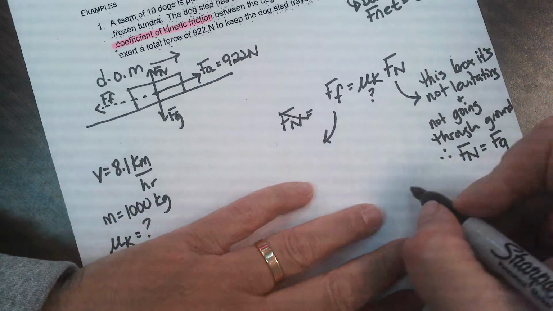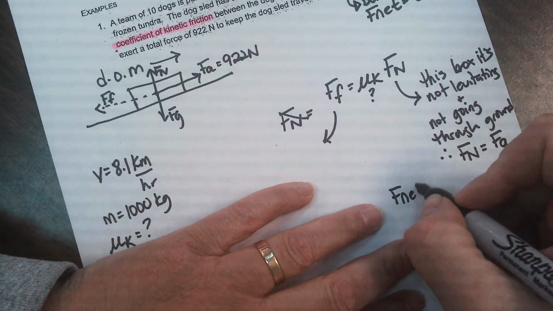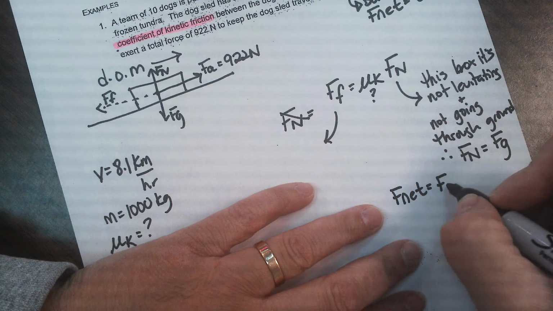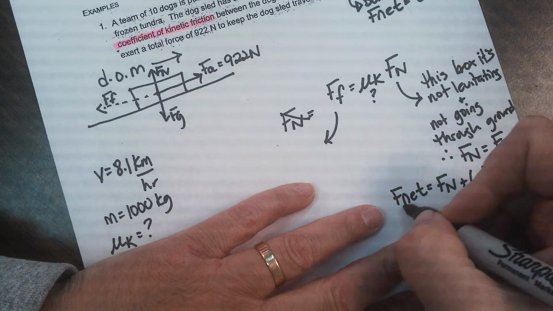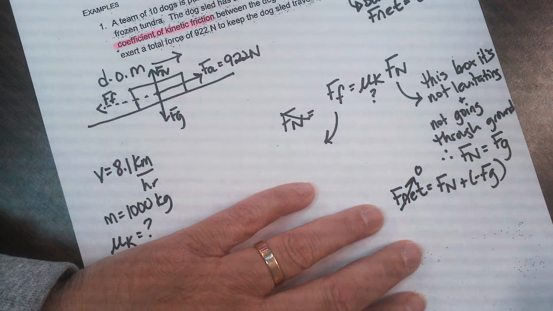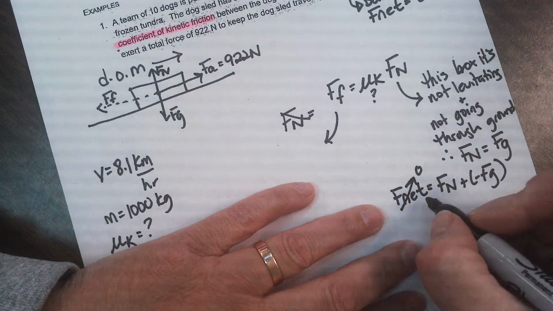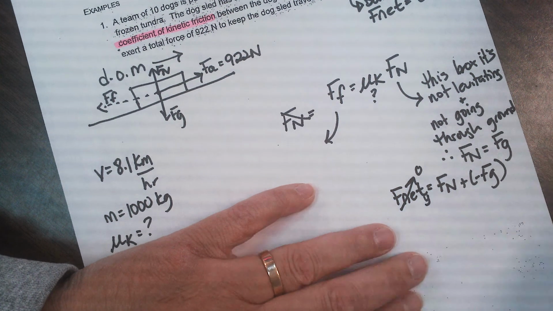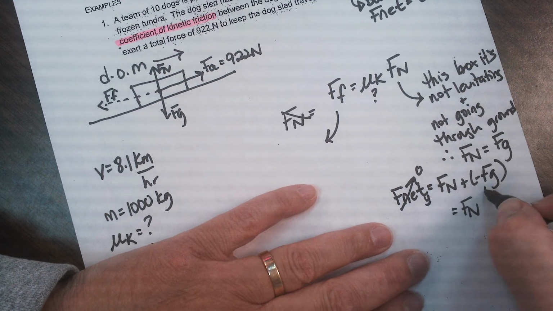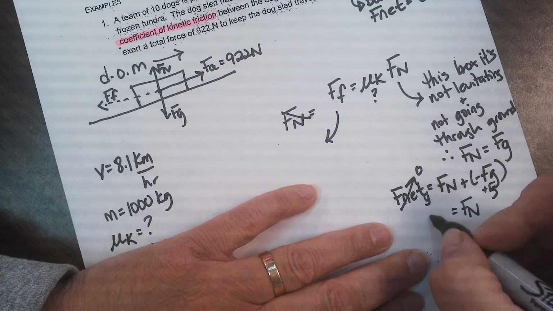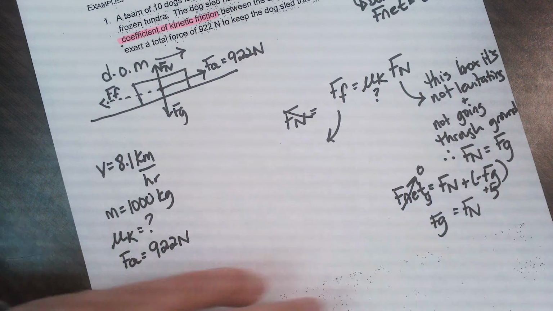And we see that here. Force net in the y is equal to force normal plus the negative force of gravity. It's balanced, so that force net is 0, which means that force normal, if I want to bring this over, I have to add force of gravity. So I have a positive Fg.